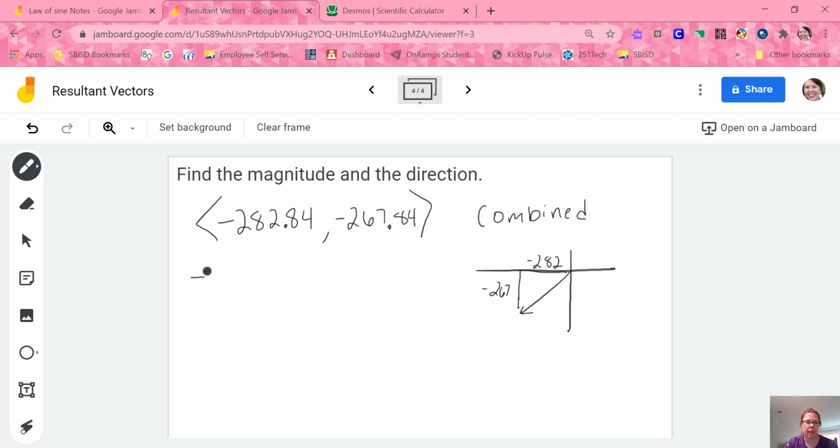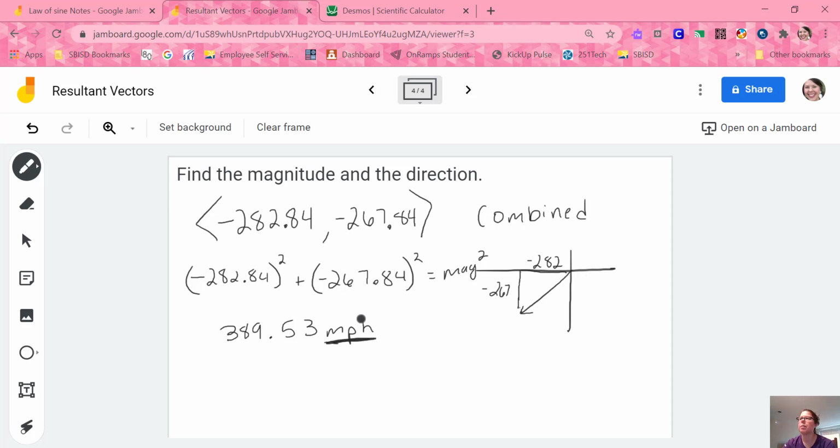So this would be negative 282.84 squared, plus negative 267.84 squared, is equal to my magnitude squared. When you work that out, you should end up with 389.53. Remember that this does have a unit, so remember to include your miles per hour.